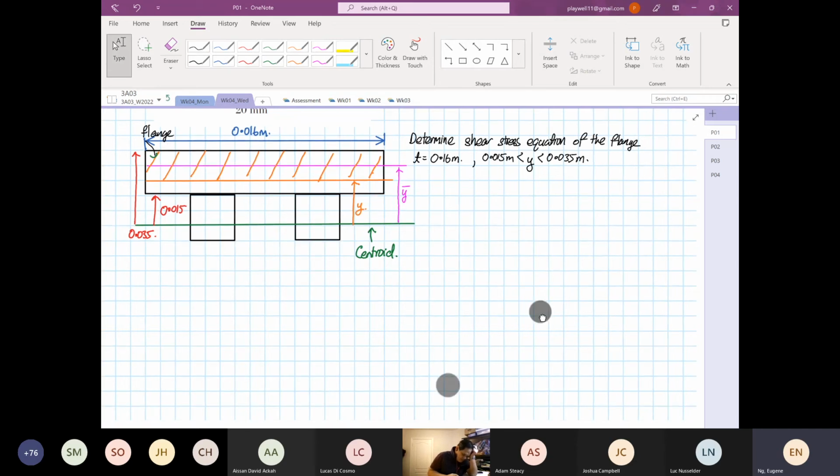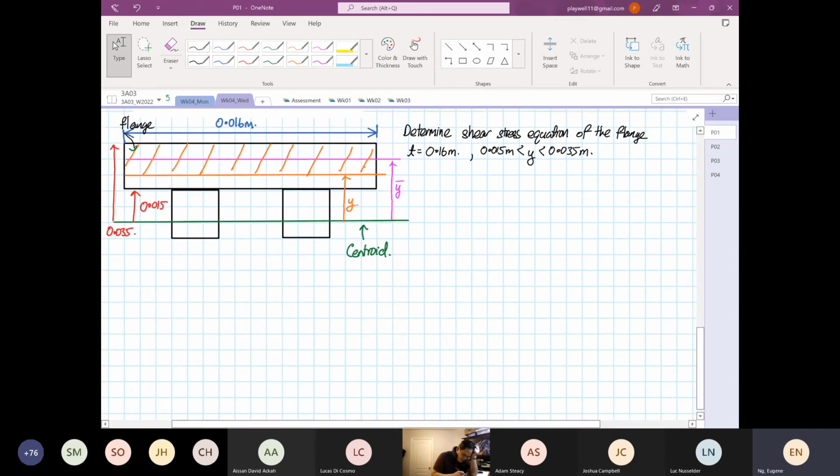So now we find our Qz, and it's going to be a function of y. This is equal to width multiplied by depth multiplied by y bar. And we know that the width is a constant, so the width over here is equal to 0.16.